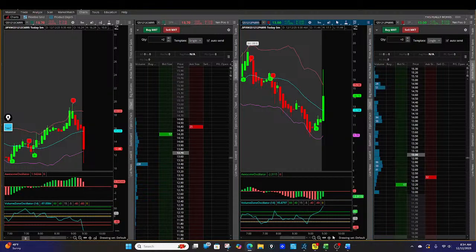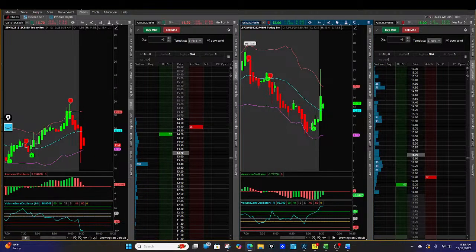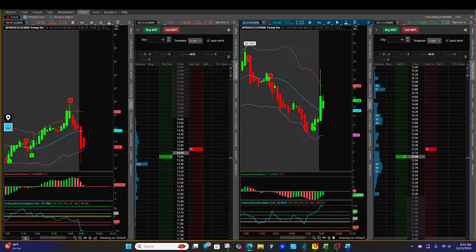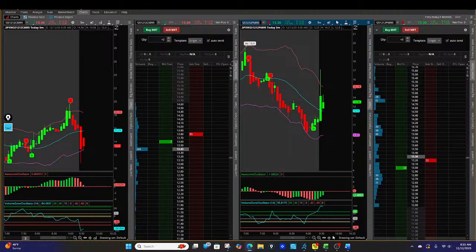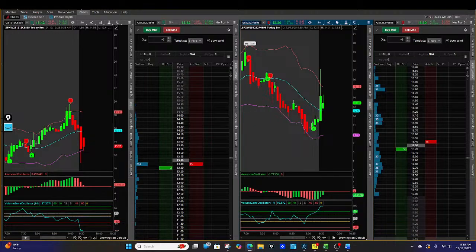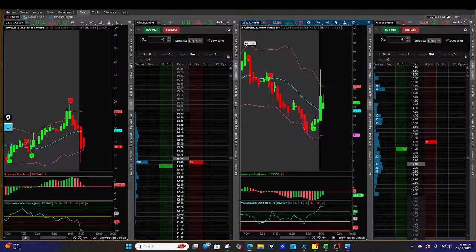Just waiting right now on the next candle. There it is. The buy signal in puts was in pre-market over here at like 9:10.